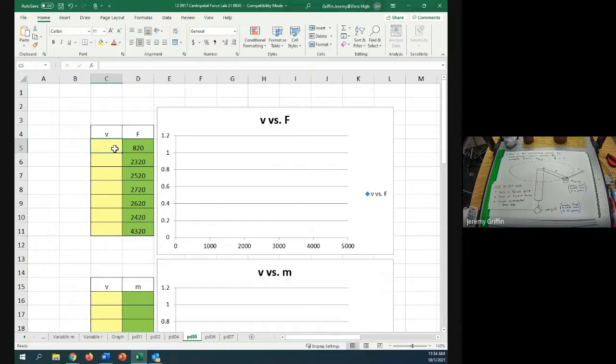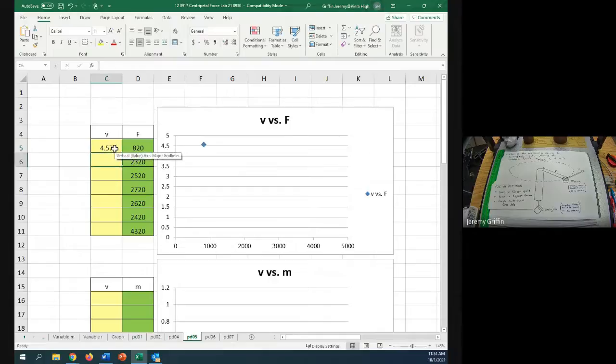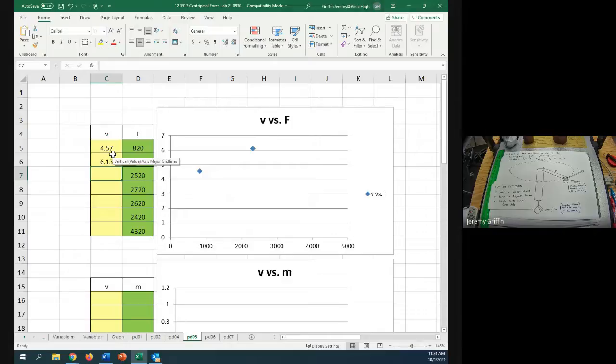So the first one went 4.57 meters per second. That looks about right. Let's see, what's the next one? 6.13. All right, next one is also 6.13. It's at the same time. Then, all these times are pretty close to each other.